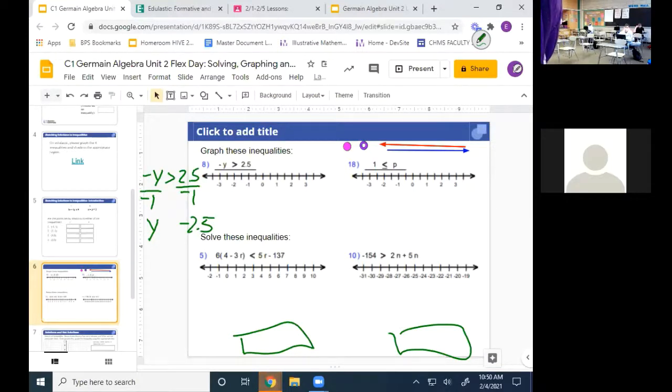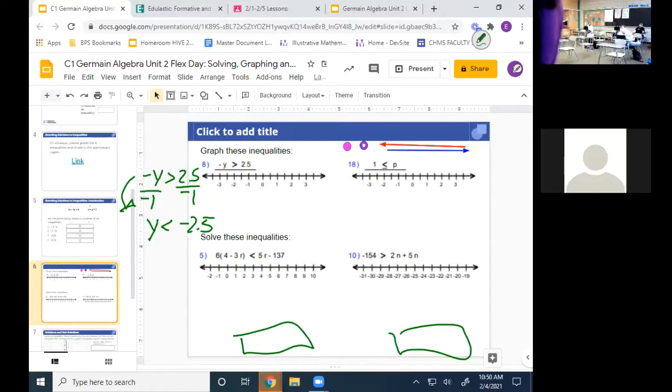It's going to flip because we divided by a negative number. We want to get it so that it's a single positive variable. So we have to do some work before we can even start to graph this, by dividing by negative 1 and flipping our symbol.